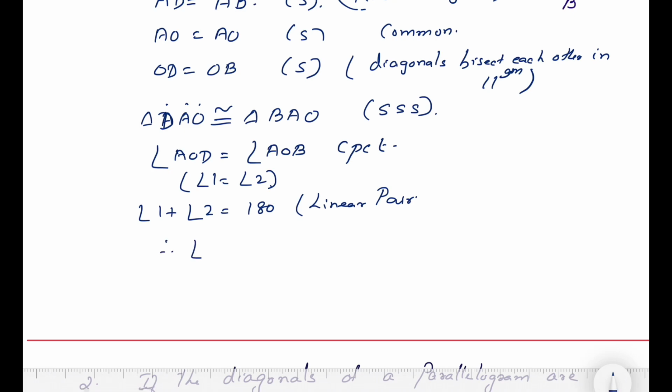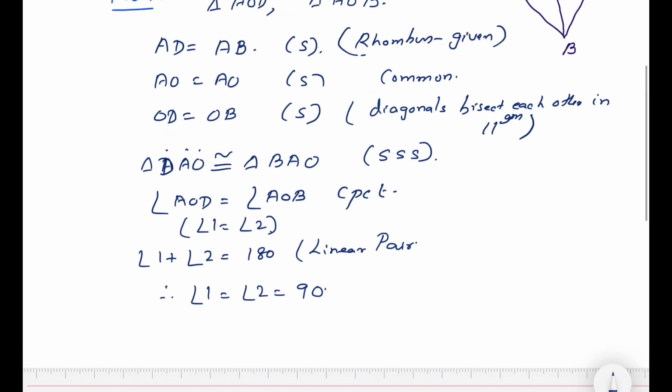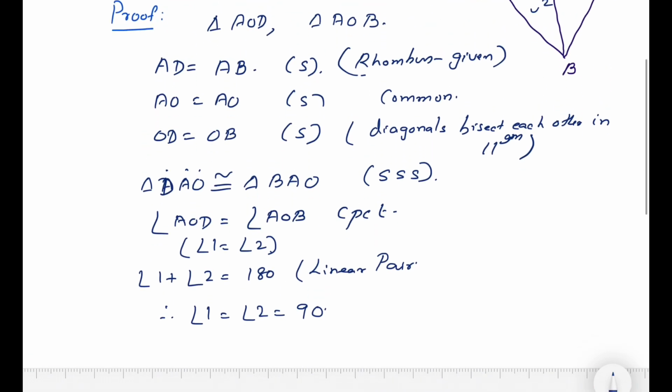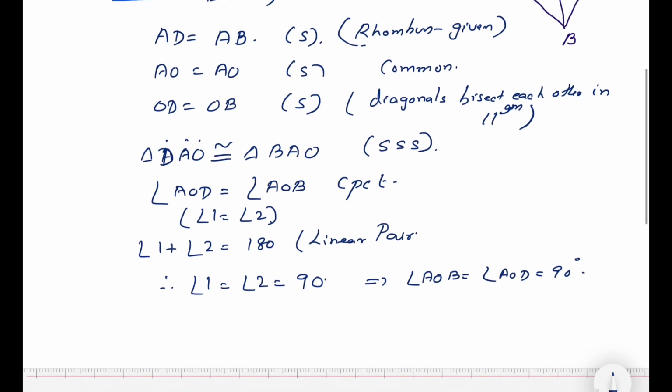Therefore, angle 1 equal to angle 2 equal to 90 degrees. That is, you got angle AOB equal to angle AOD equal to 90 degrees. So all the angles will be 90. Therefore, AC is perpendicular to BD.